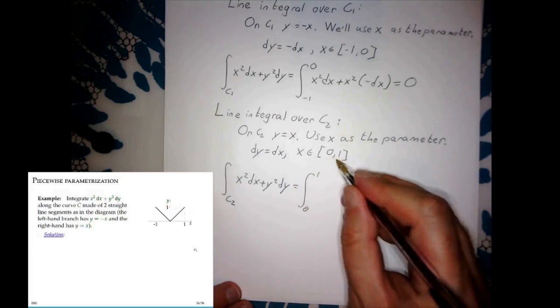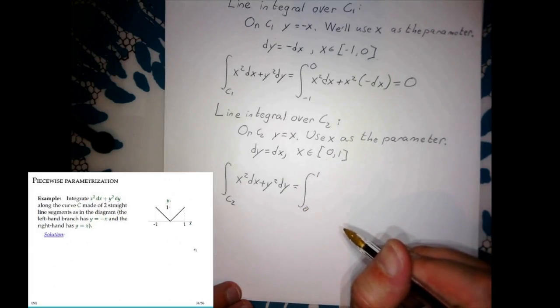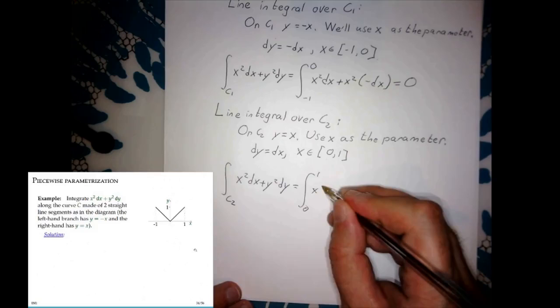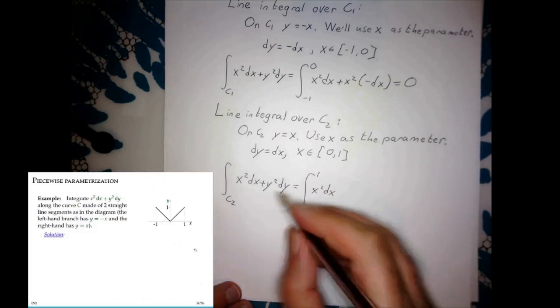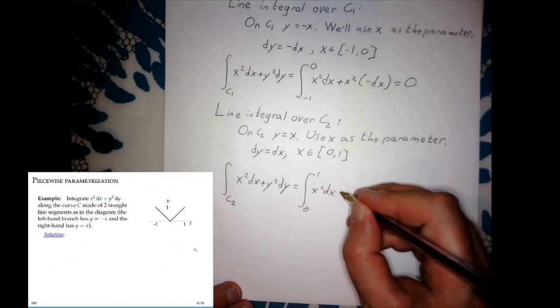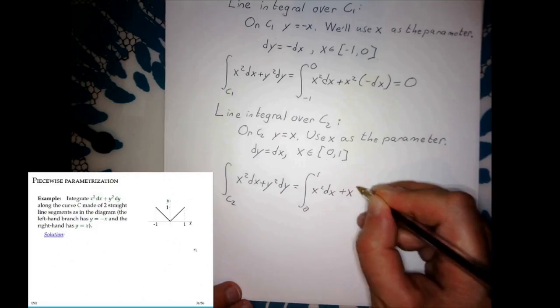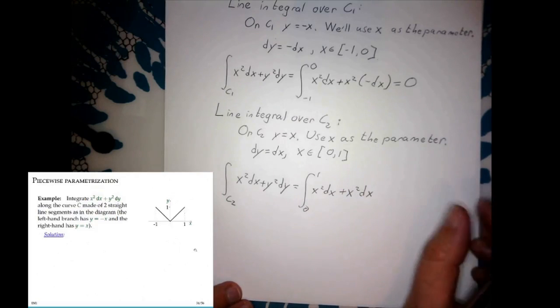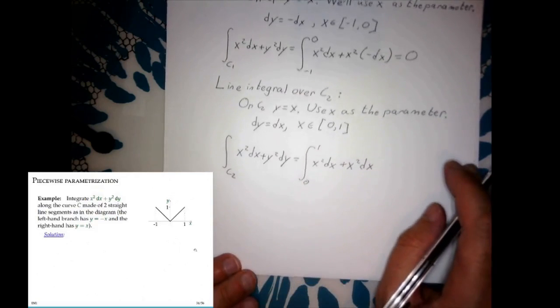And this is equal to the integral from 0 to 1. X goes from 0 to 1 in this parameterization, of x squared dx. X is the parameter, so this stays the same. Y equals x, so y squared dx is the same as x squared dx. And so actually we have the integral from 0 to 1 of 2x squared dx.